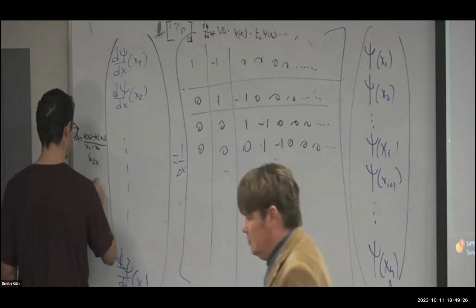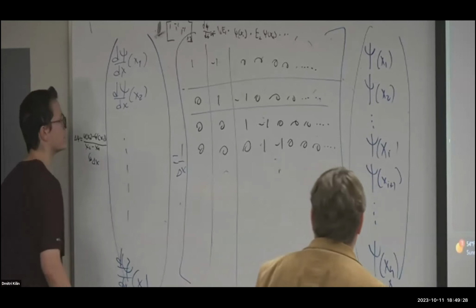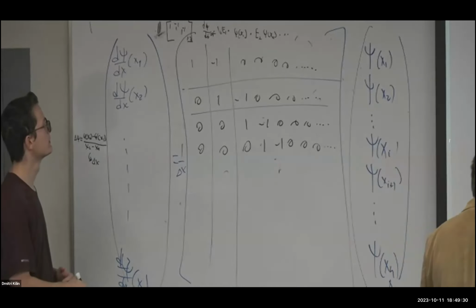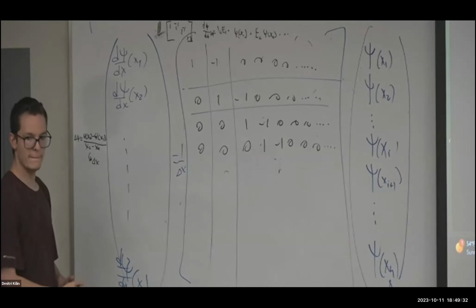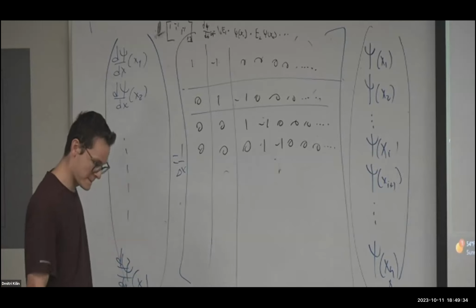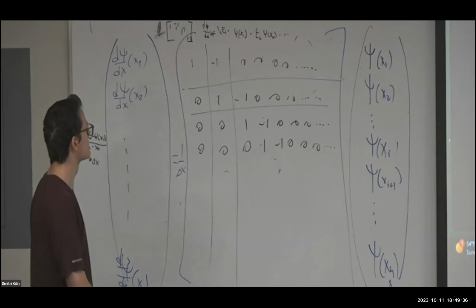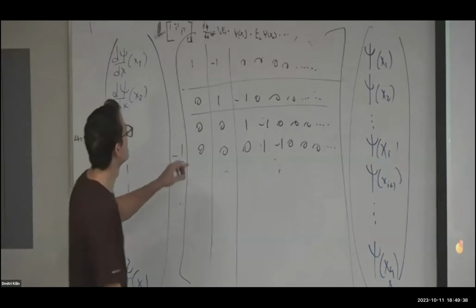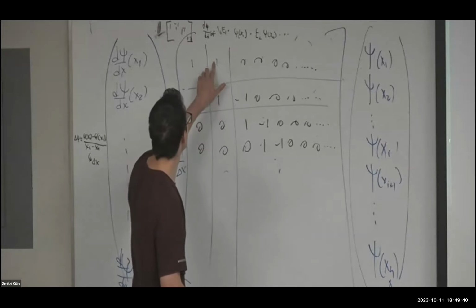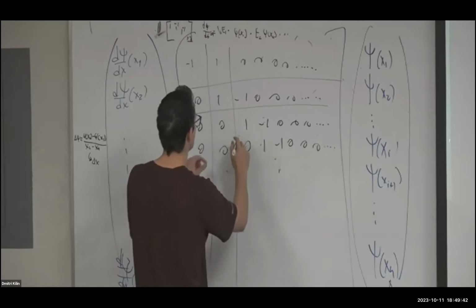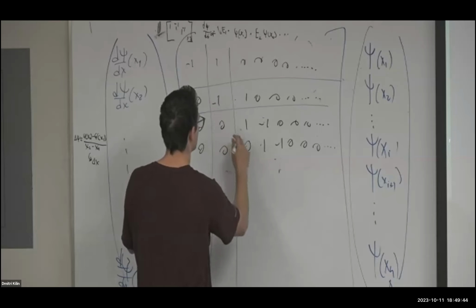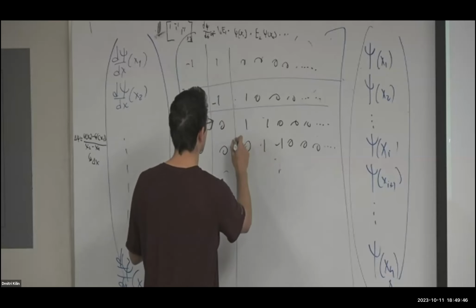Okay. Well, I'm not really sure what's going on big picture, but we have a matrix times a vector. And the vector, I think I screwed up. My signs need to flip. My apologies.